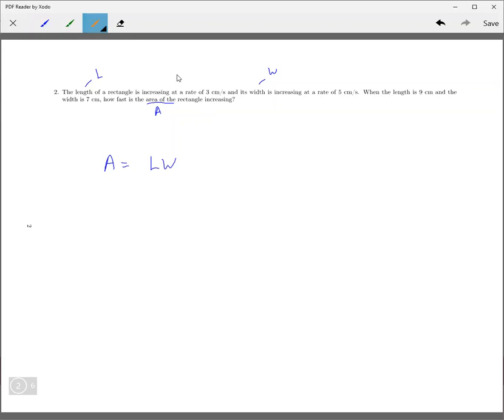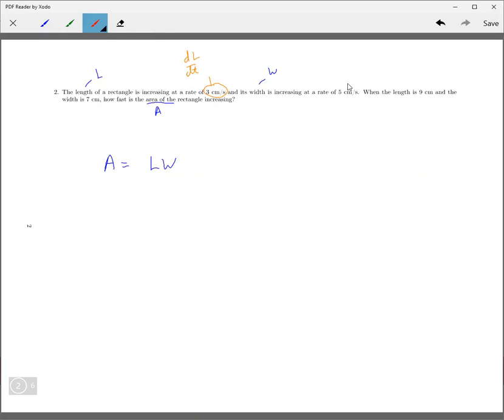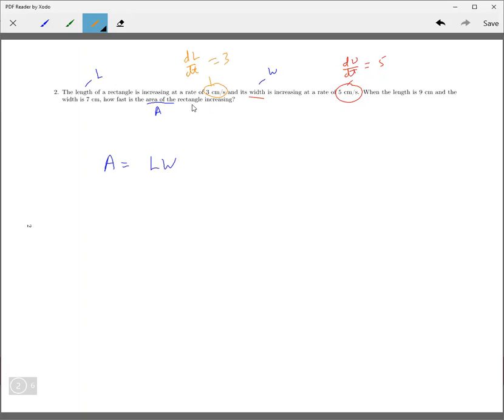The length is increasing at this rate, that's dL/dt, which is 3, and the width is increasing at a rate of 5, so dW/dt is 5. Then you take the derivative of this equation with respect to t, just like the other one.